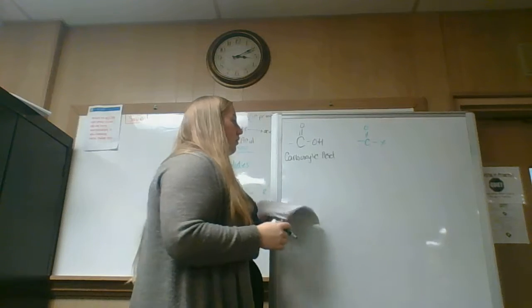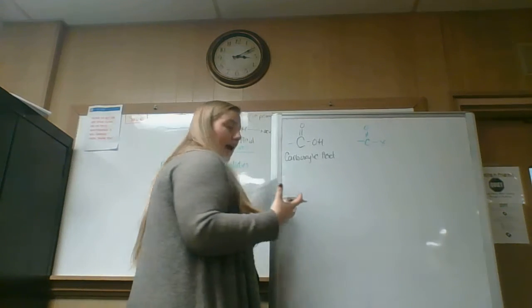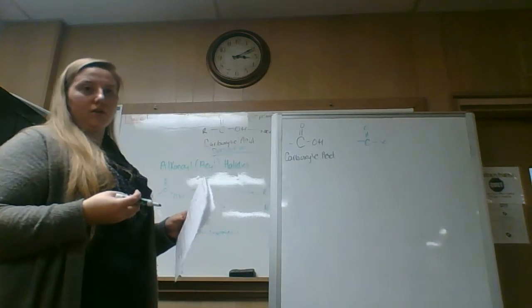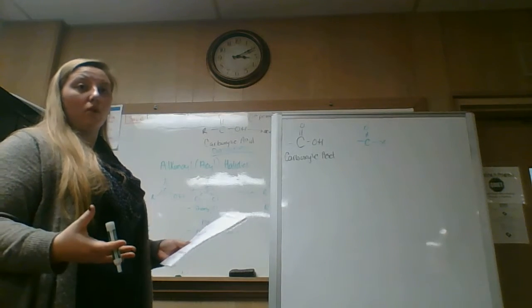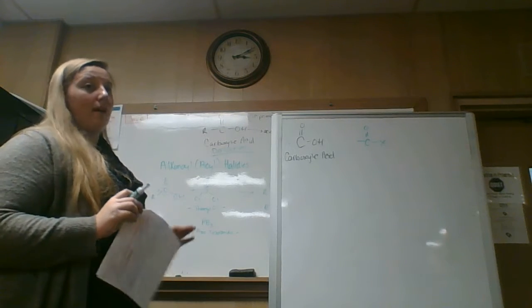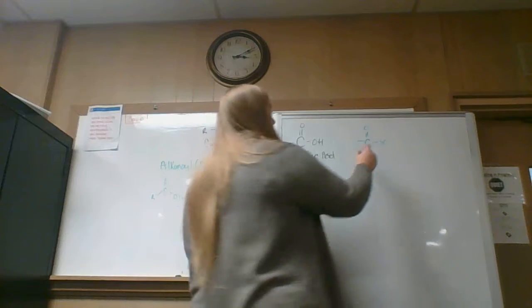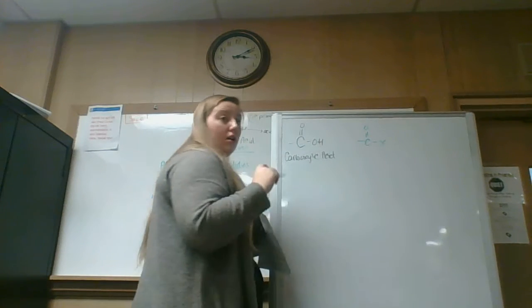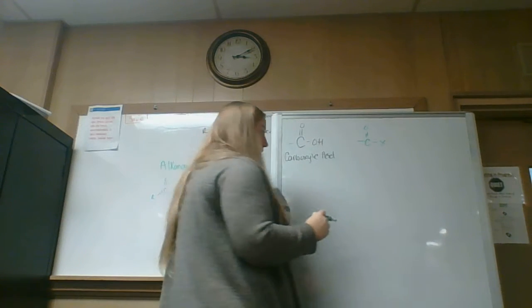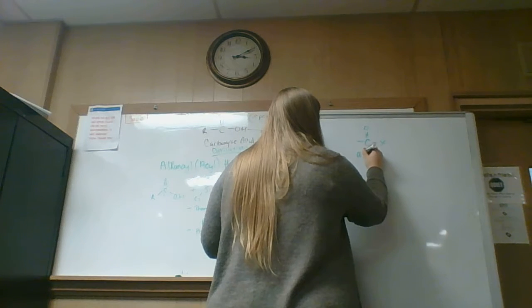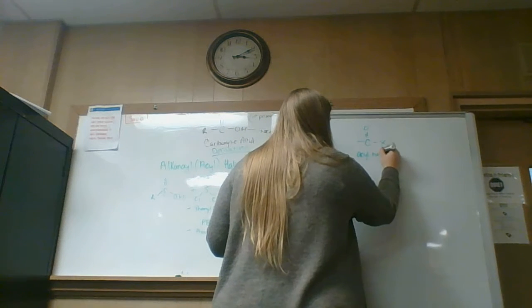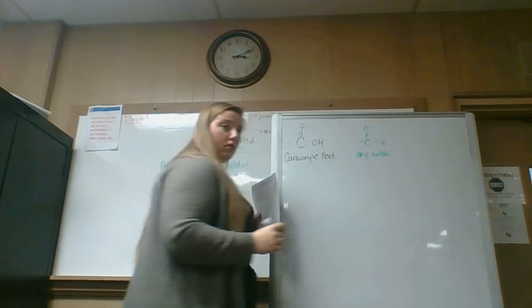Know that you can, so I'm just going to put the X. I don't know if all halogens would necessarily do this. I'm assuming chlorine and bromine are the most effective or efficient. But essentially, anytime you have a halogen on the same carbon as a carbonyl group, you have an acyl halide. Okay?